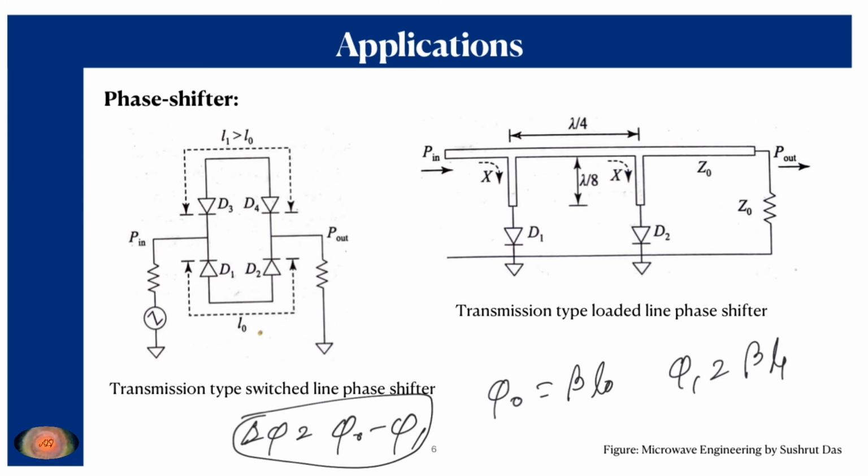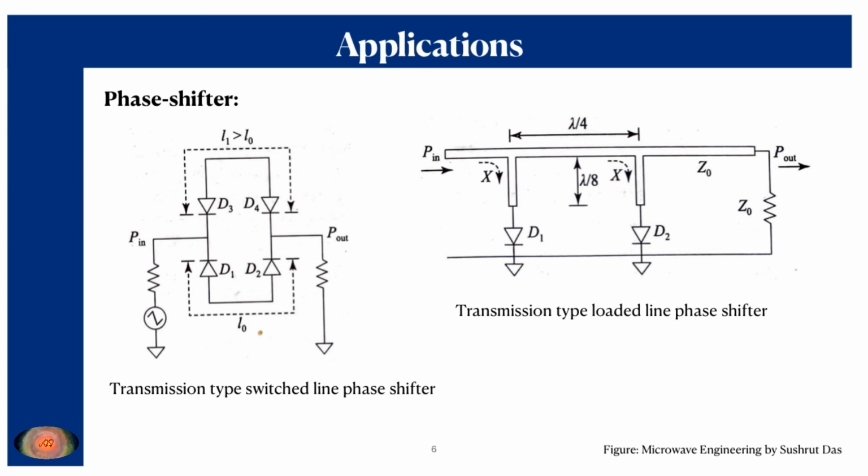In the case of loaded line phase shifter, these two diodes are placed lambda by 4 distance, or a quarter wave distance, apart from each other. The idea is that, as you know from the theory of transmission lines, as you move half wavelength distance from the load terminal, everything remains the same or repeats itself.